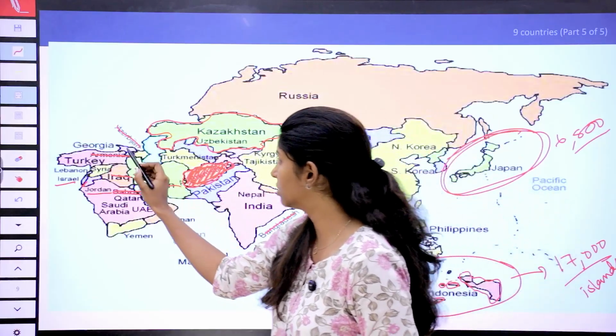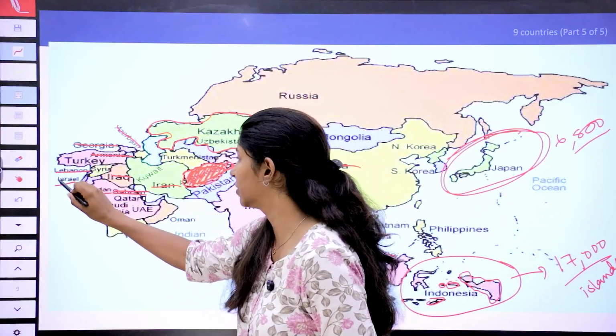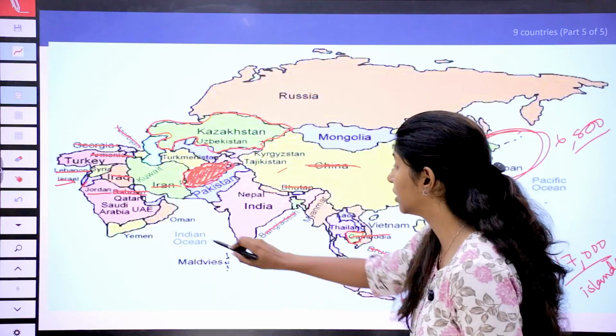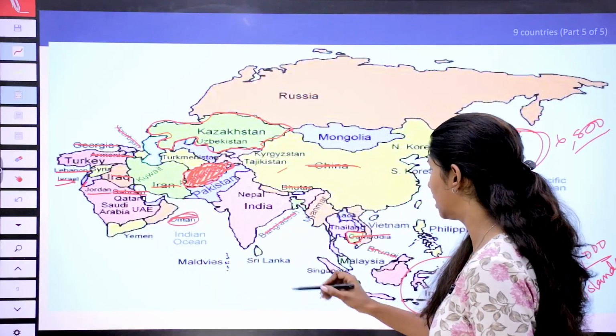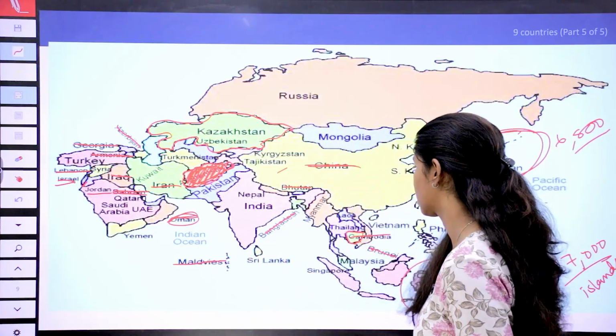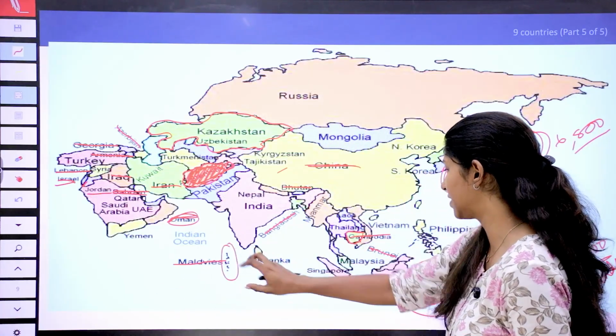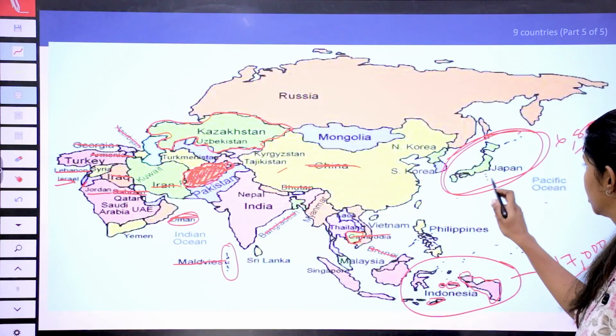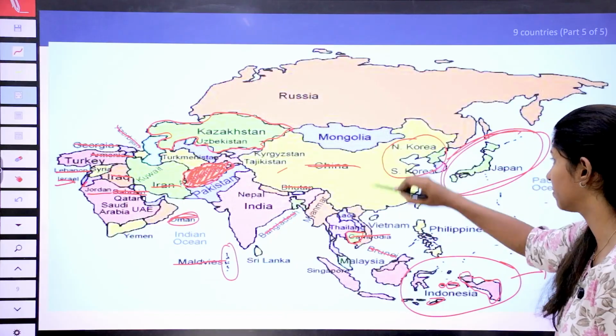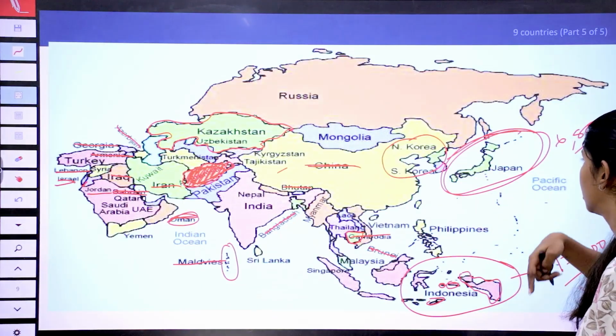For example, we've learned Georgia, Lebanon, Israel, and finally Oman, and we've learned about Maldives. You can see how Maldives is a very small island in the Indian Ocean. And then we saw Korea, North Korea, South Korea.